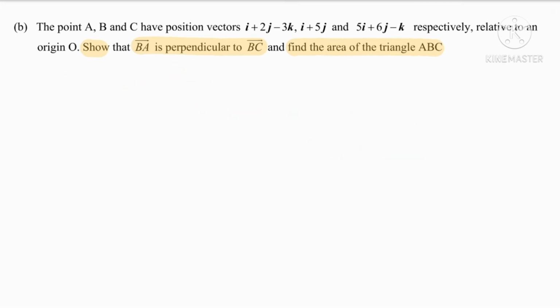Next, find the area of the triangle ABC. So the area of the triangle ABC is equal to 1 over 2 times the magnitude of vector BA cross vector BC.